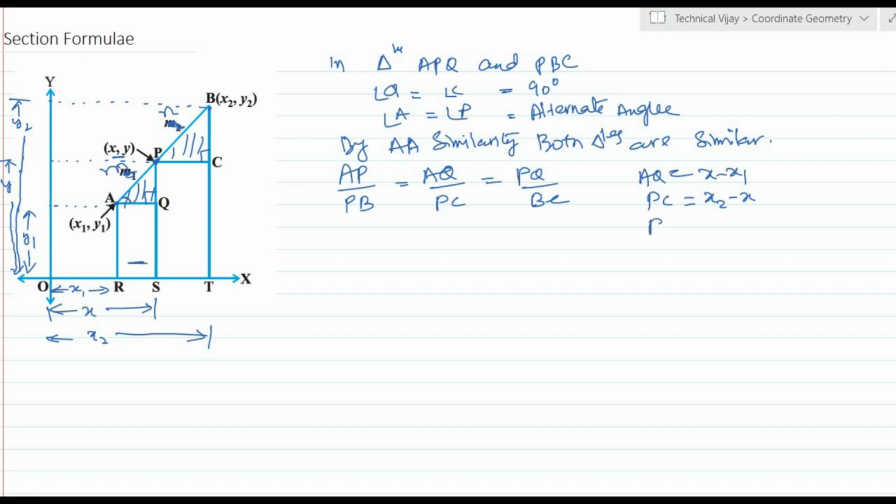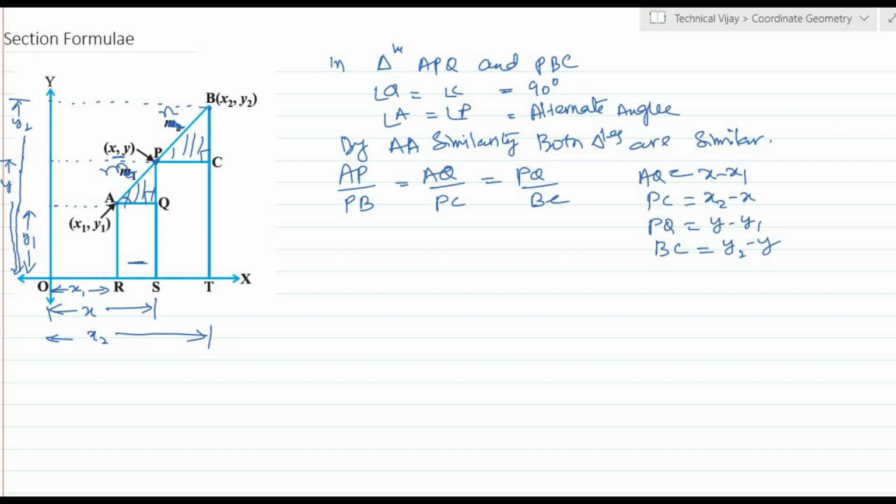PQ, in the y coordinates, is y minus y1. And BC is y2 minus y. We will substitute these values in these equations.